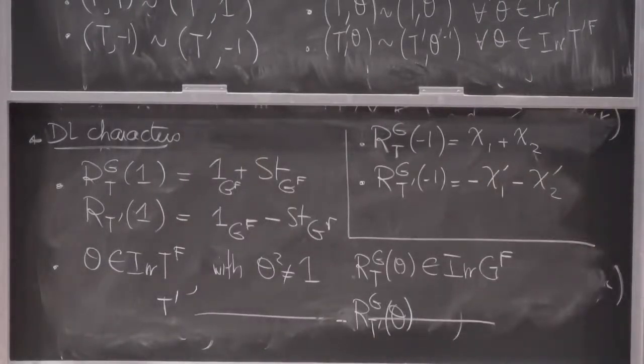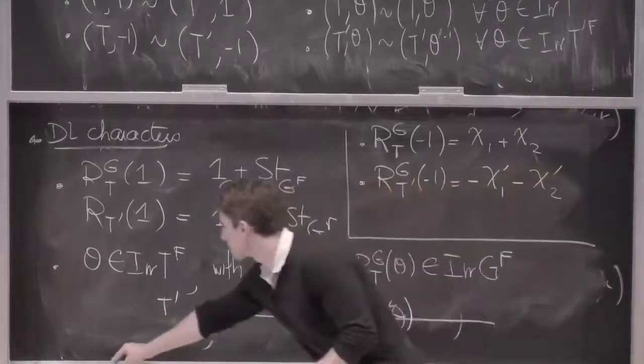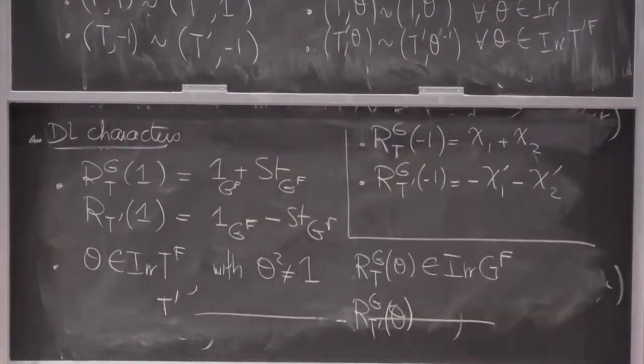Okay, so let me just write what you get for the unipotent blocks. Yes, so it's when you compute the scalar product of a character with itself.